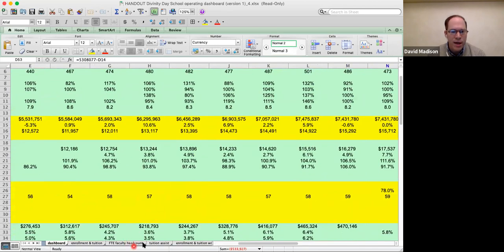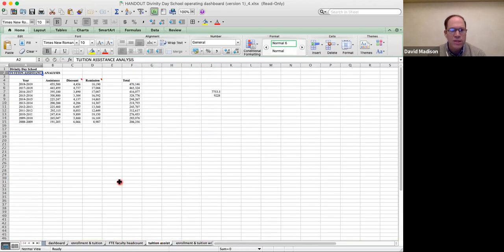But then also, here is the tuition assistance worksheet. So this is an analysis where they have, here is the assistance that we offer in financial aid. Here are the discounts. So you'll see in this particular situation, discounts are provided for early payment. So there's a 2% discount if they pay early. And then I don't see a multi-kiddo discount, but if your school has a multi-kiddo discount, you would factor that in there.